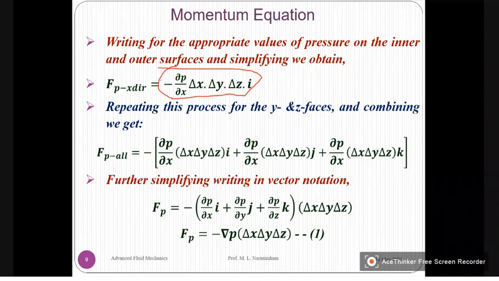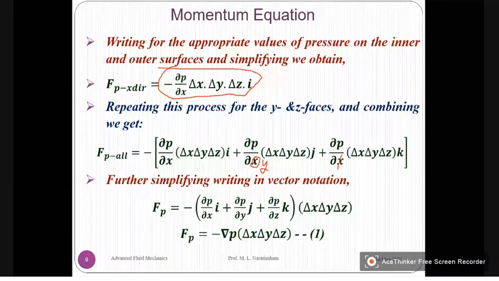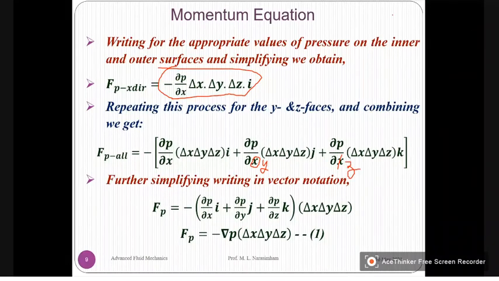So now if I consider all the three directions, the force due to pressure on the element is written in the vector form.